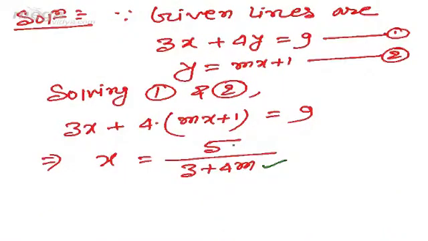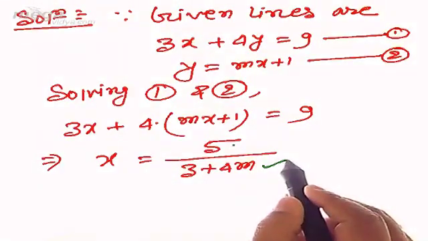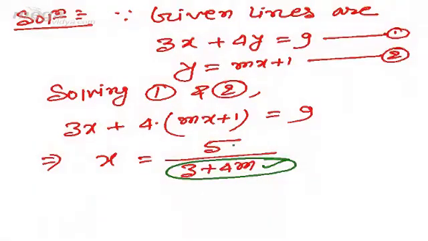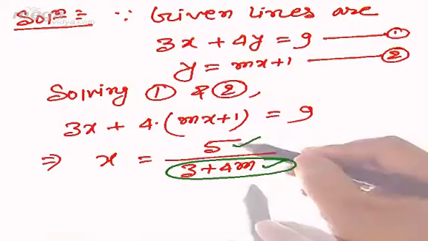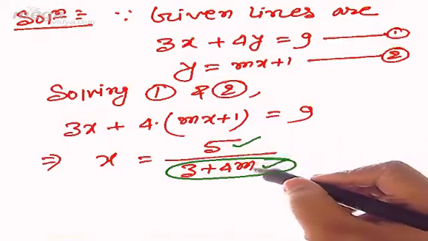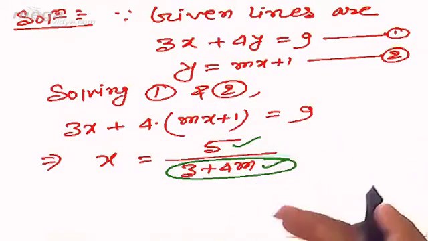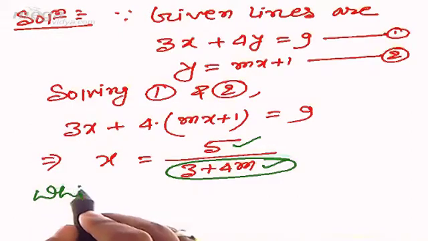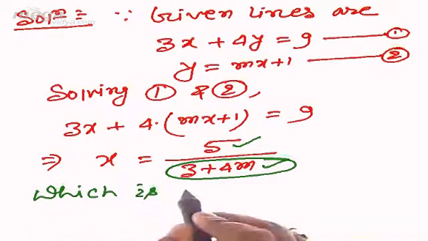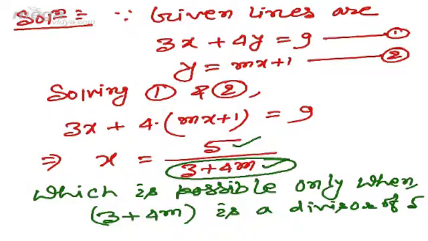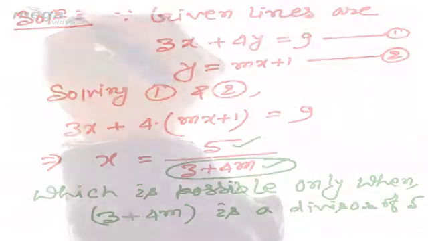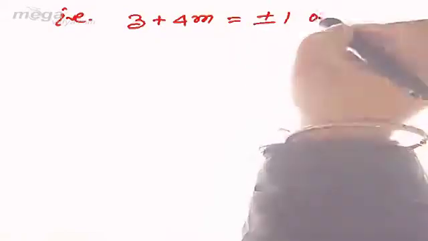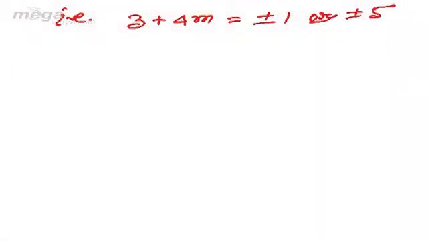So 3 plus 4m should be an integer, because 5 is an integer, and 5 upon 3 plus 4m is an integer. Which is possible only when 3 plus 4m is a divisor of 5. That is, 3 plus 4m is equal to either plus minus 1 or plus minus 5.